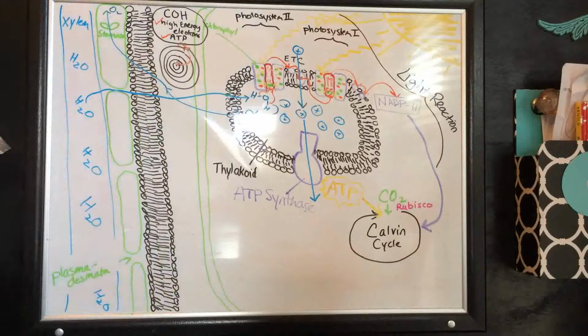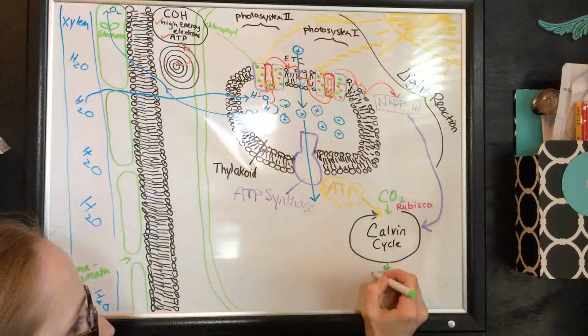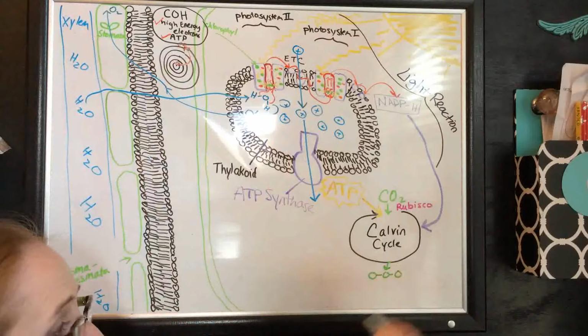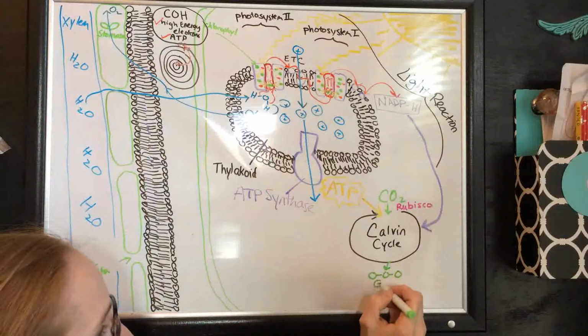And the Calvin cycle actually turns once per carbon dioxide. So to make a glucose, it would have to turn 6 times. And the actual product of the Calvin cycle is a 3-carbon sugar, similar to pyruvate, and we call it G3P.